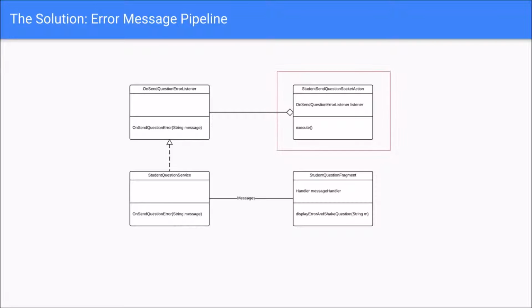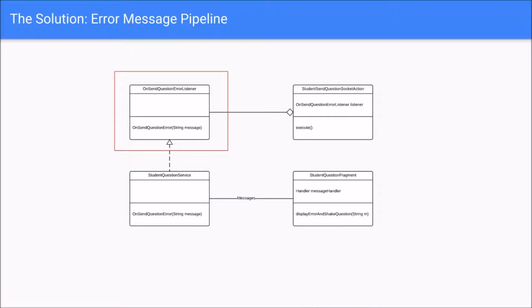The socket action responsible for sending a student question has an instance of onSendQuestion error listener attached. Whenever something goes wrong with the question, it can use this listener to notify whoever is observing the listener of whatever the problem is. This is done through the onSendQuestion error listener interface.